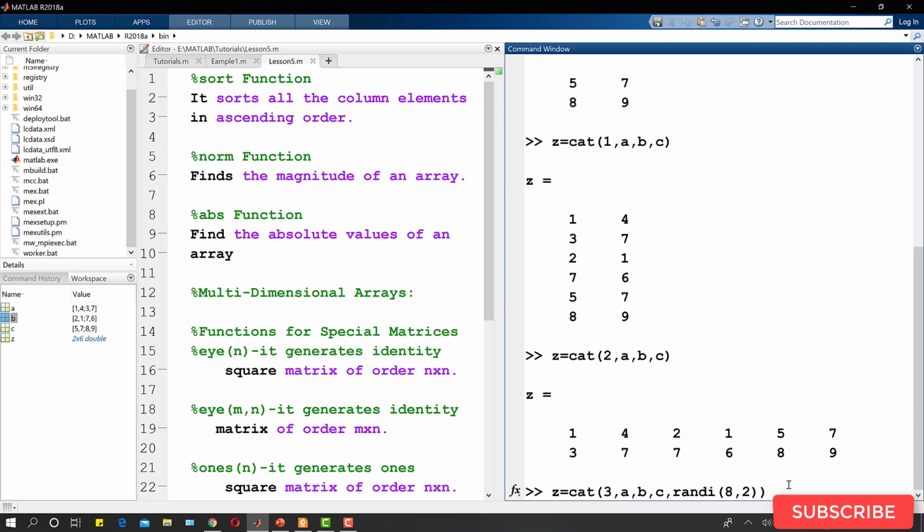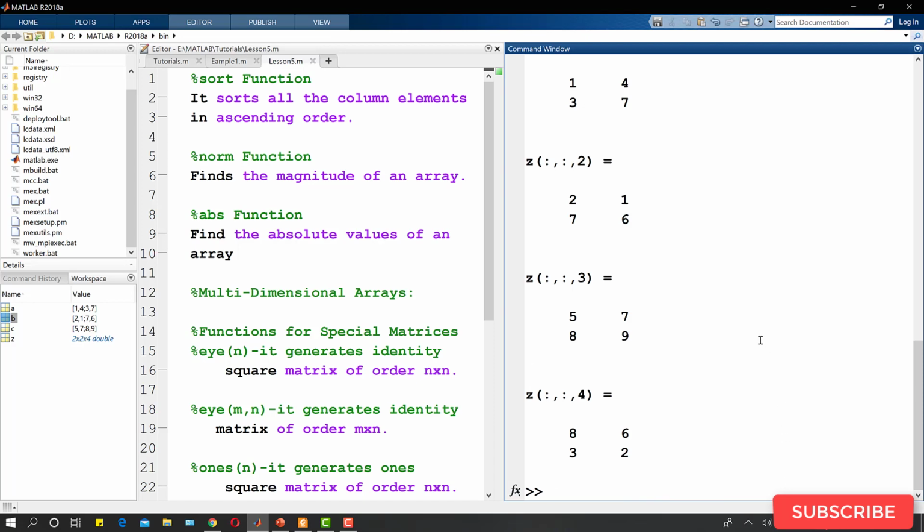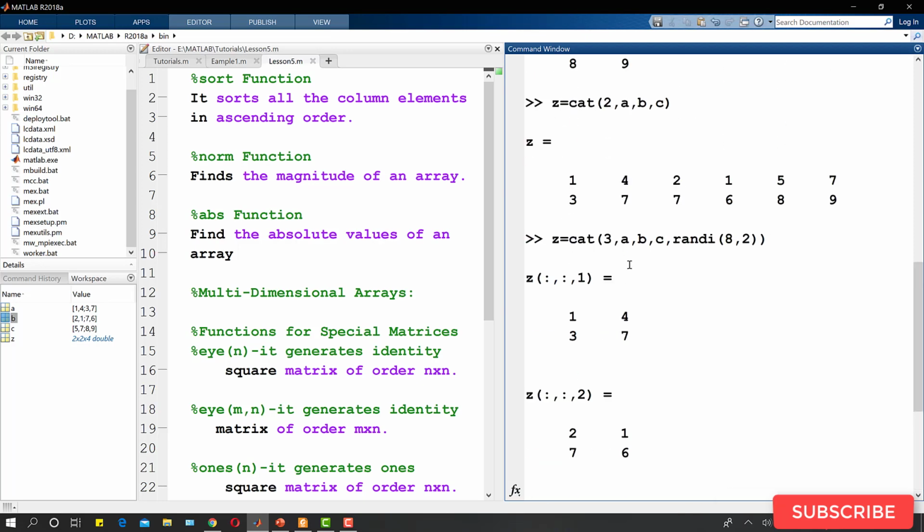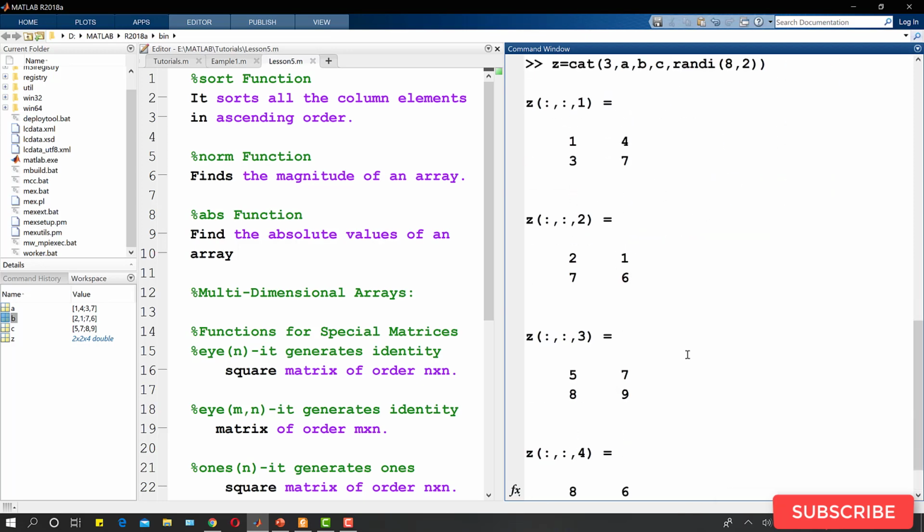Otherwise, it will give an error. So now what I have done is that I have created a three-dimensional array. On page number 1 I have the A matrix, on page number 2 I have B, on page number 3 I have C, and on page number 4 I have the random matrix that I have created in this instruction.